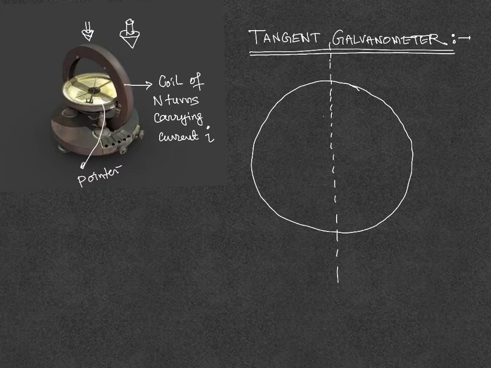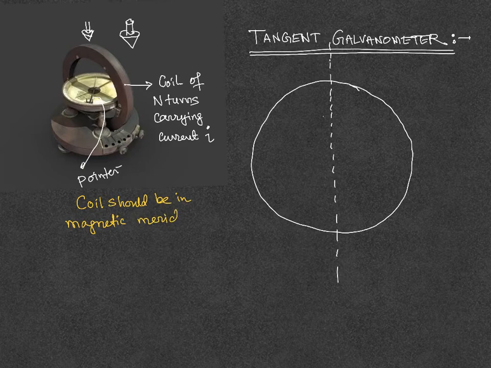And this is a fact that this coil should be in the magnetic meridian plane. So how do you assure that the coil should be in the magnetic meridian plane?